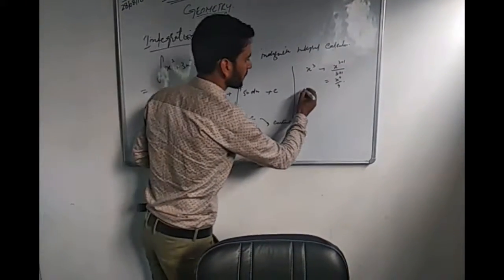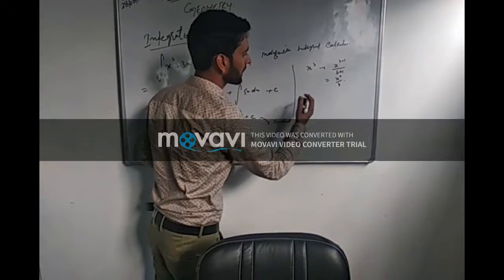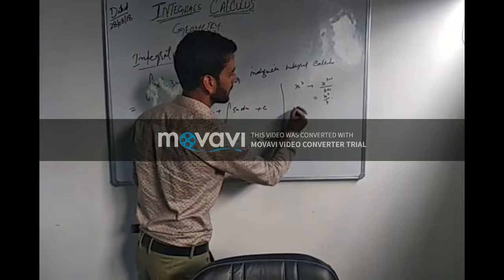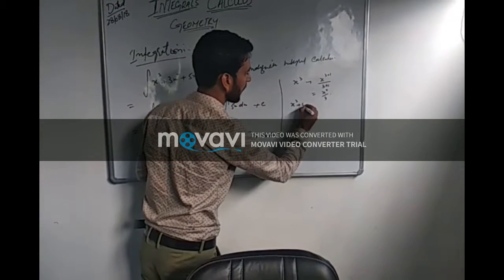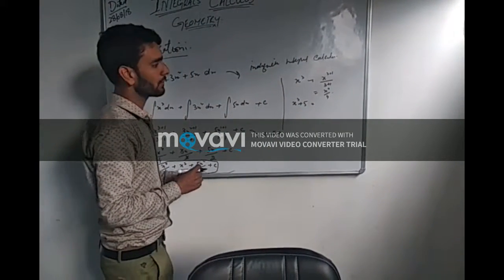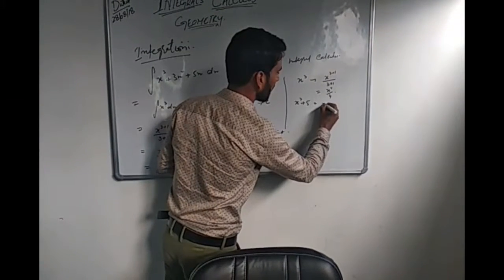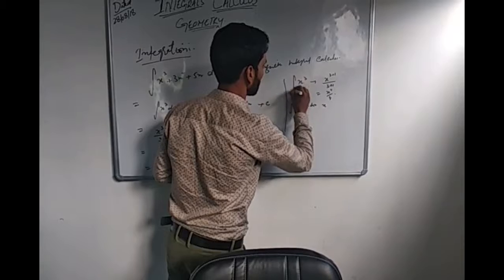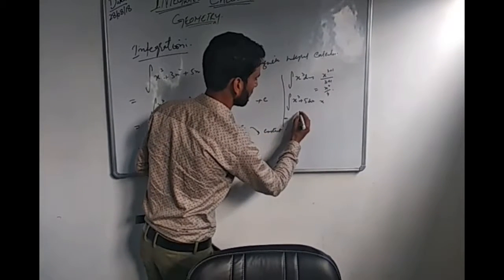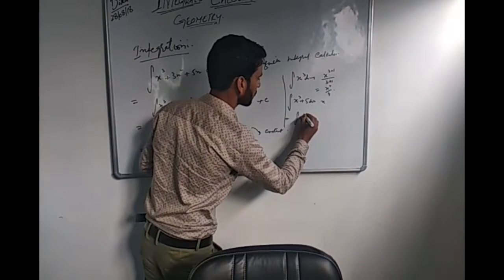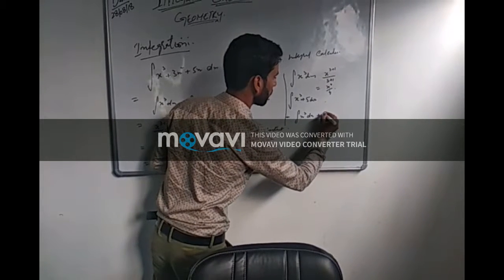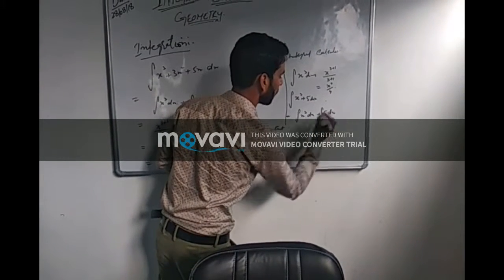Now the next one: if we change this equation with a constant value as x cube plus 5, the antiderivative for this equation will be the integral of x cube dx plus the integral of 5 dx.